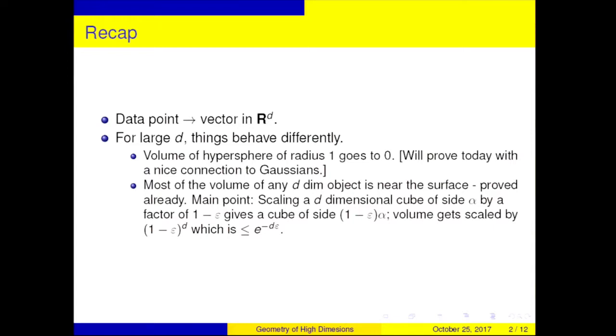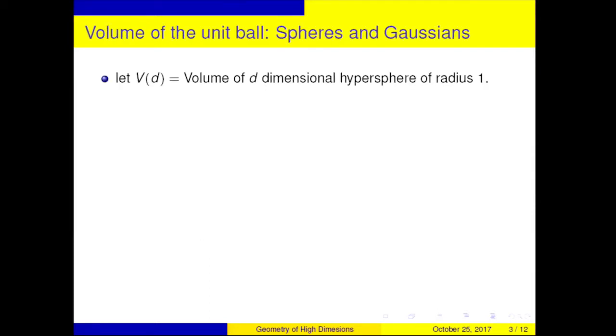It's still a cube. That's worth checking. And furthermore, the volume, because it's d-dimensional, just gets scaled by this. That's a lot of severe scaling in some sense, because d is large. This is the dth power, right? If you go to 0.9, epsilon is 0.1, you get 0.9 to the d, which is very small, exponentially small. That's why the volume is mostly near the surface. So we saw these two things.